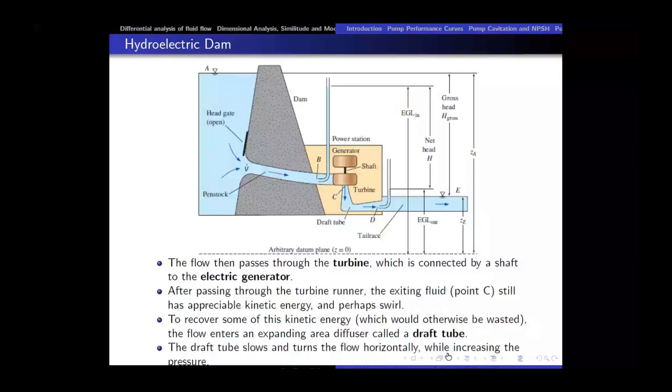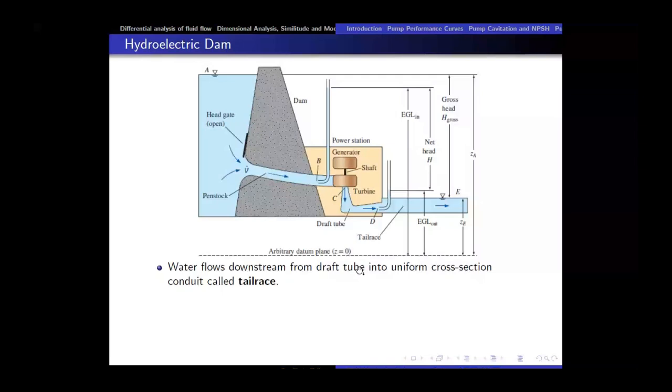So water flows downstream from the draft tube into a uniform cross-section conduit, which is called the tail race. So this is the tail race, which is of uniform cross-section. The net head across the turbine is EGL in, which is this, and EGL out, which is this.